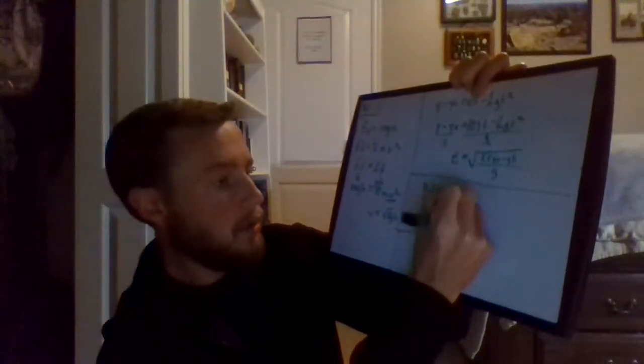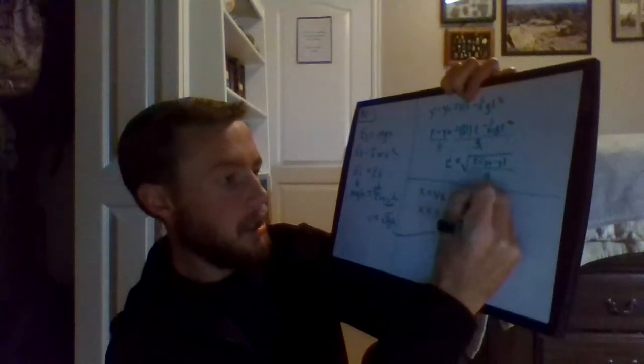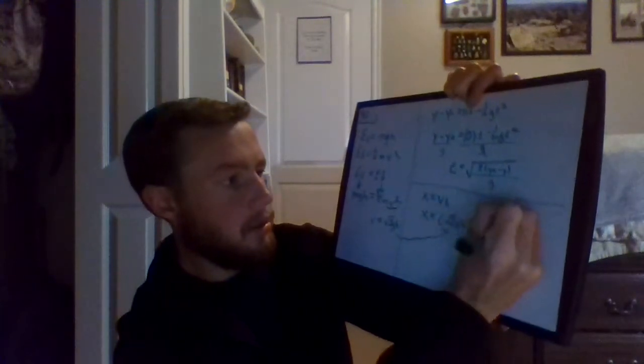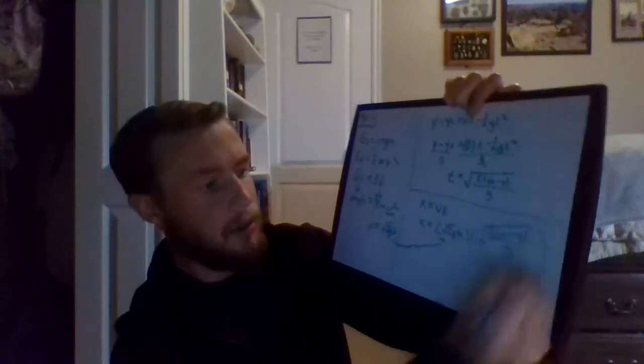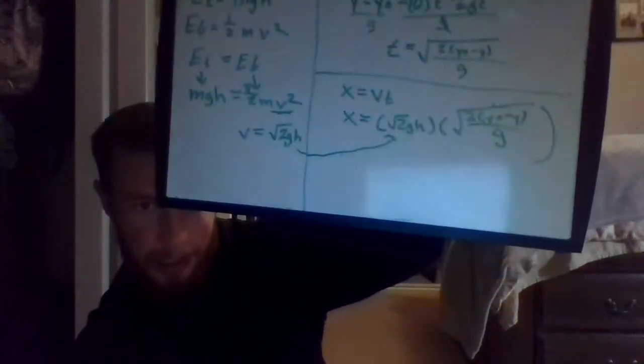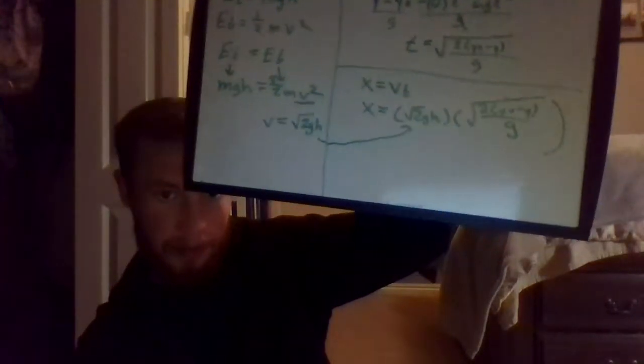I'm going to plug that in right there. x equals the square root of 2gh times the square root of 2 times y0 minus y over g. When we combine those two together, we get 2 times the square root of h times y0 minus y.